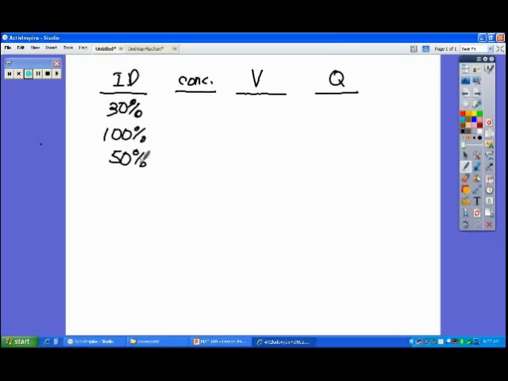Okay, and what do we have to work with? What do we put into the table? 18 liters of what? I'm sorry? The 18 goes here, not here, not here, but here.